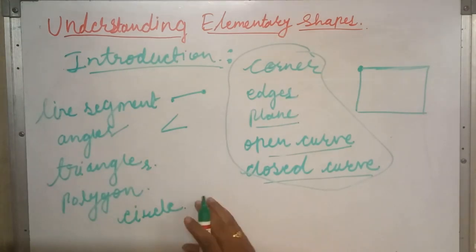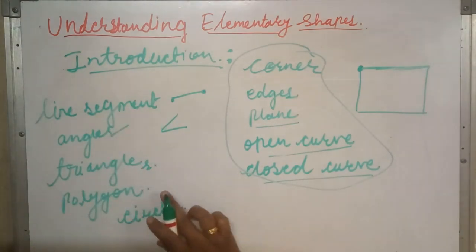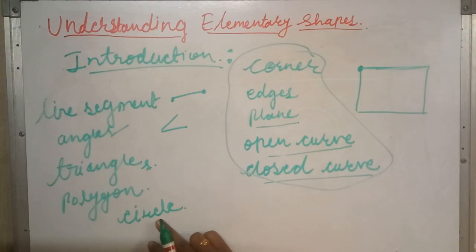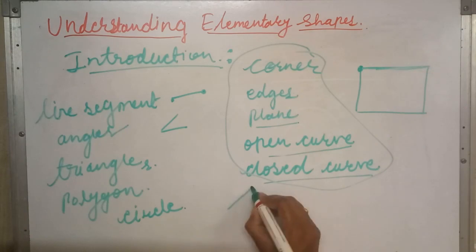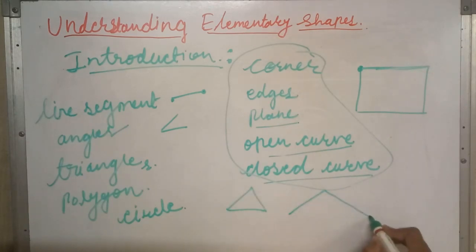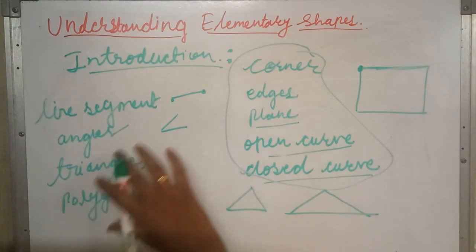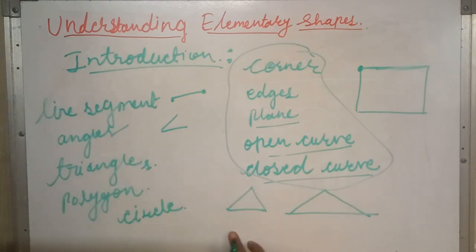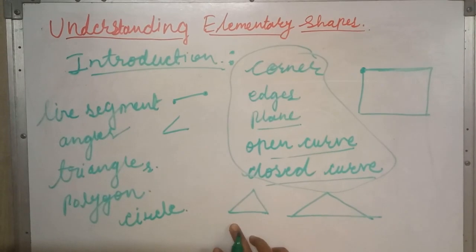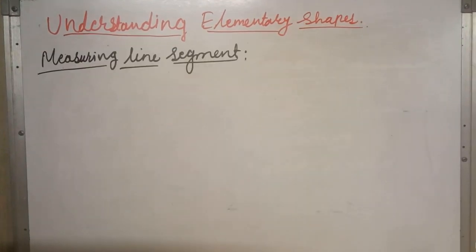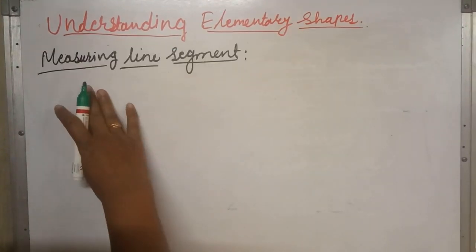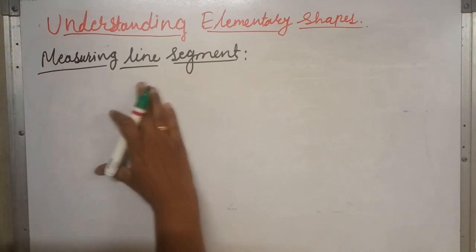We found that these shapes have different sizes, different measurements. A polygon, if I take this, is of small size. If I make it like this, it is different in size. You can see. So we have discussed the same size and different size, different measurement also. Now, before going to the first topic, measuring line segment.